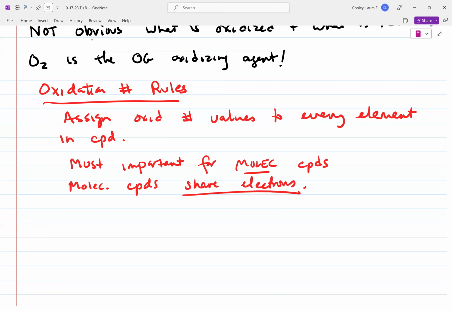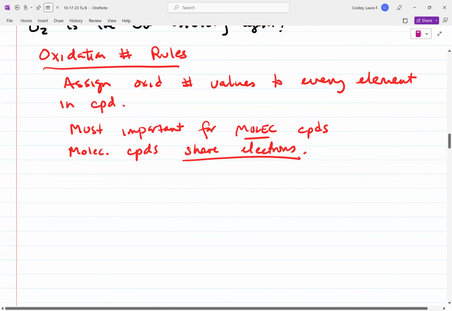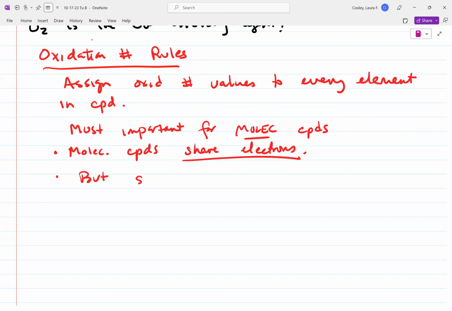So it's not as clear which atom has the electrons and how they're shared. They share electrons, but the sharing is not equal.